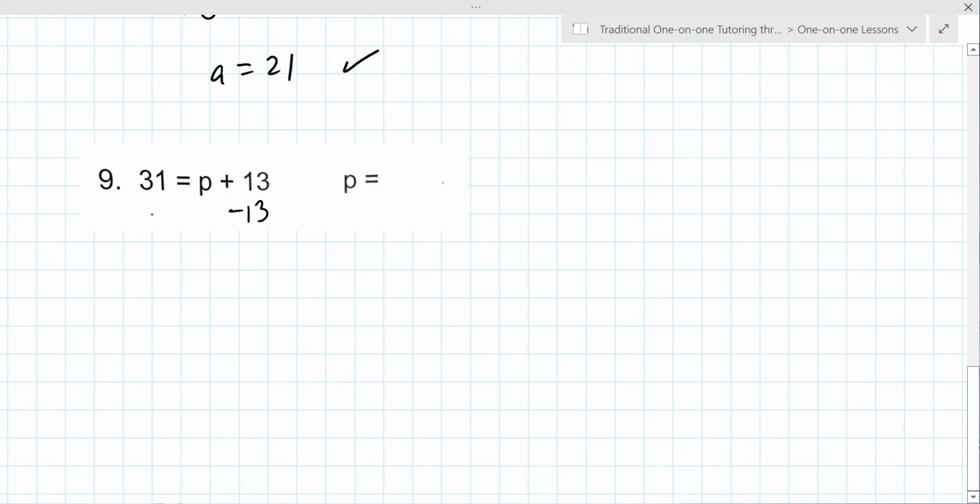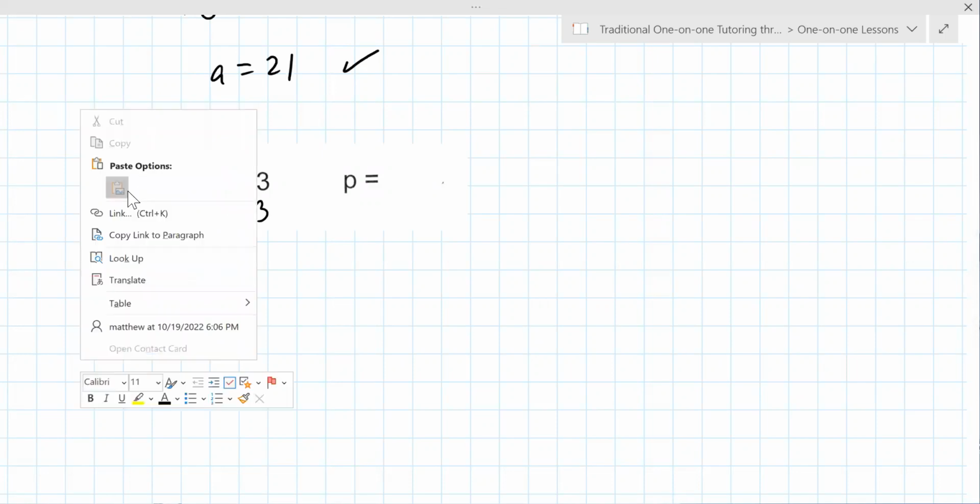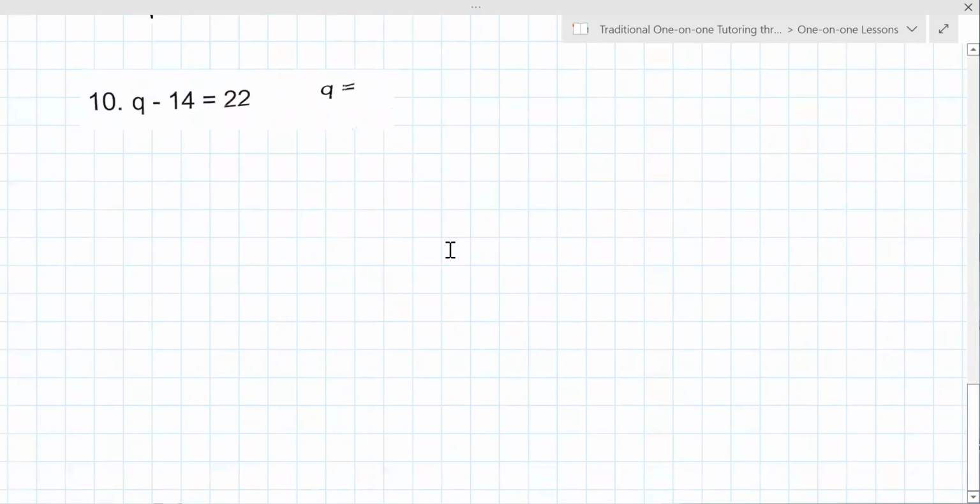Yeah, perfect. You're subtracting 13 from both sides. P equals 18. Very good. Keep going here. 36. Yep, Q is 36. Good.